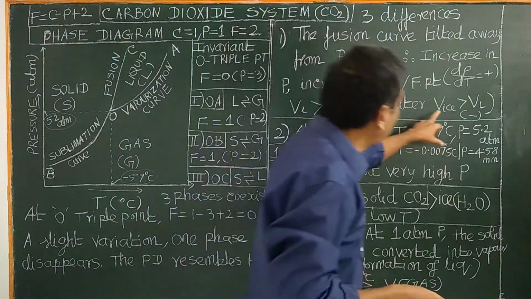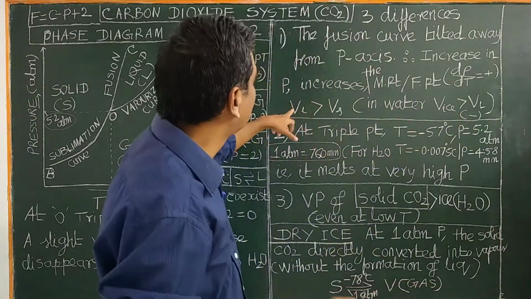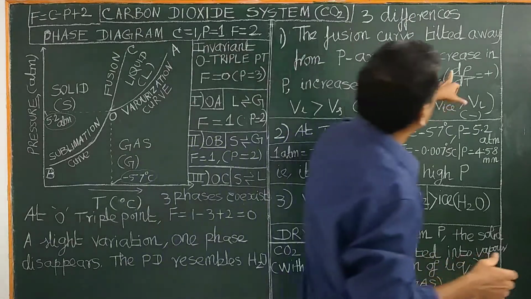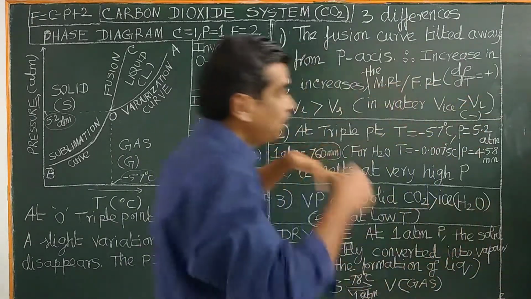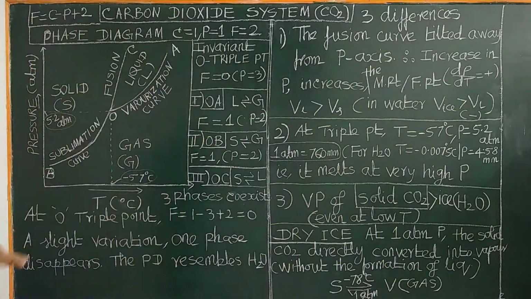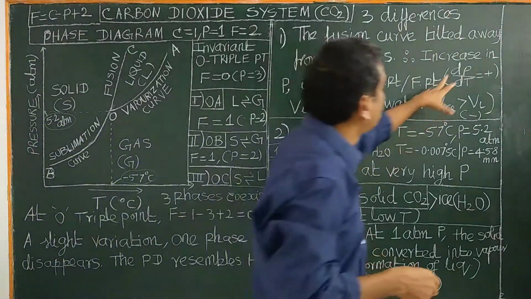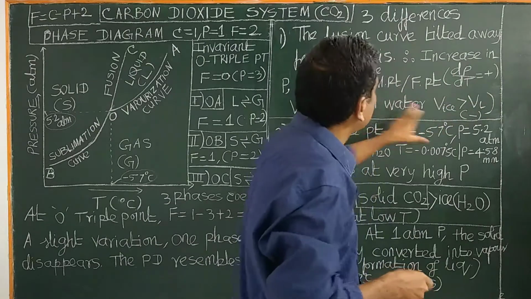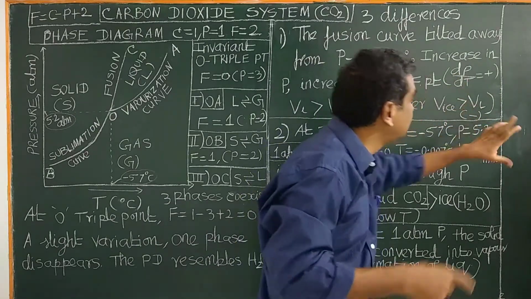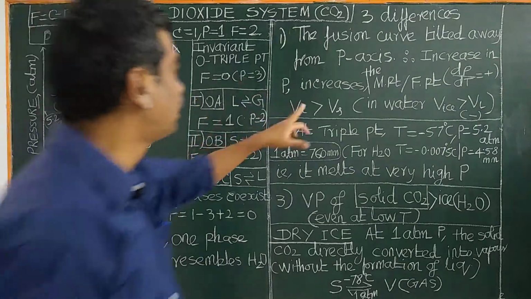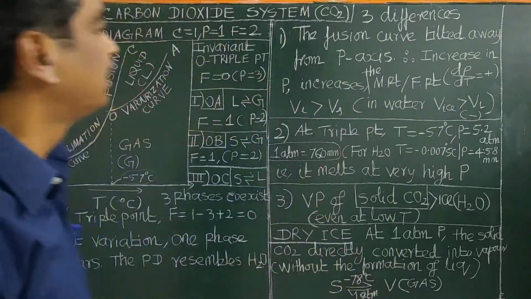Therefore the volume of ice is greater than the volume of liquid, but in this case the volume of liquid is greater than the volume of solid. Therefore dP/dT, according to the Clausius-Clapeyron equation, is positive in this case, whereas dP/dT is negative in the case of the water system. Remember that they will ask this in various competitive examinations.